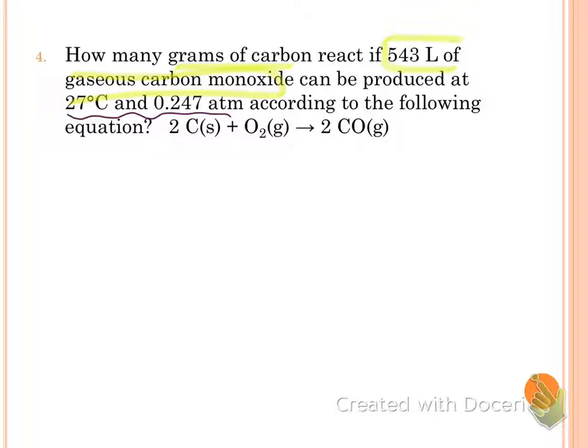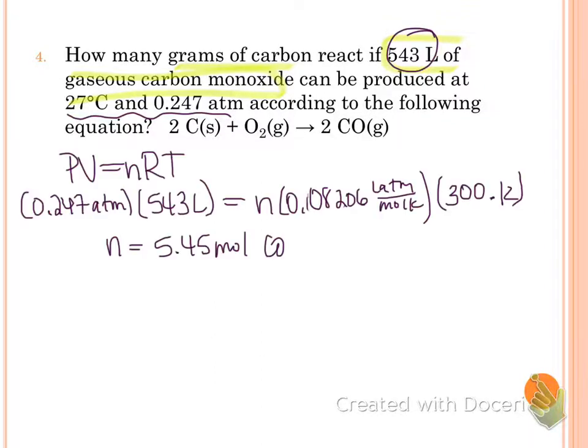So here, our given is this 543 liters of carbon monoxide. Well, to do stoichiometry, we have to get from liters to moles. Well, going from liters to moles, again, not at STP, we need to use PV equals nRT. So using that will get us to our moles of carbon monoxide.